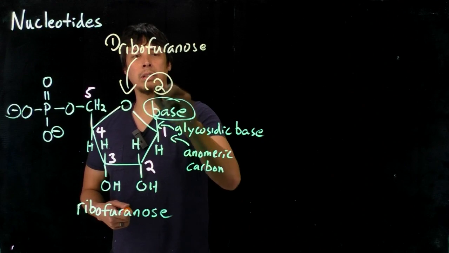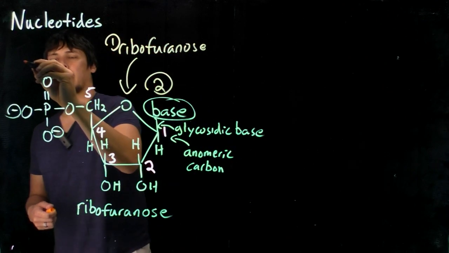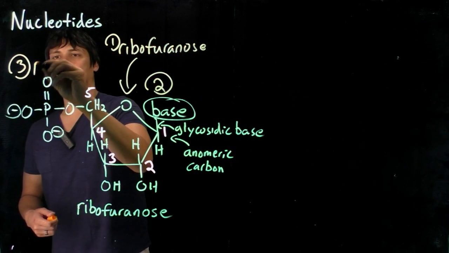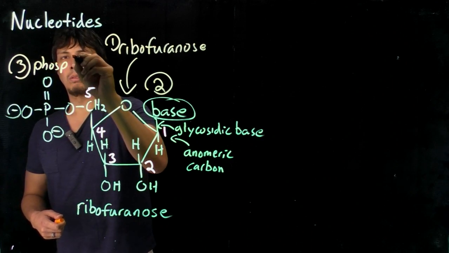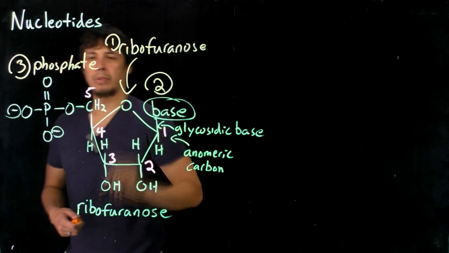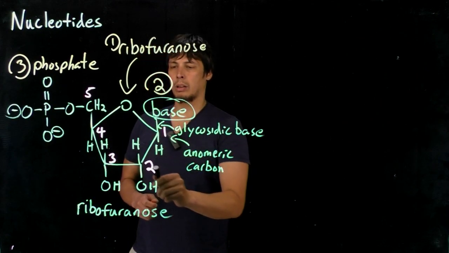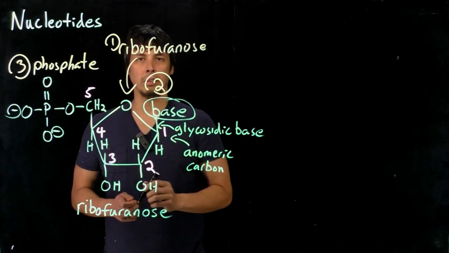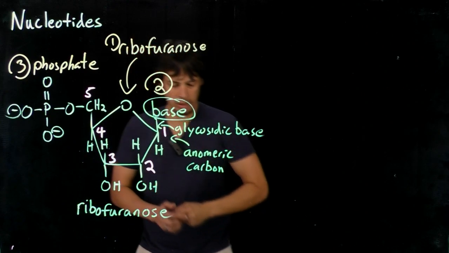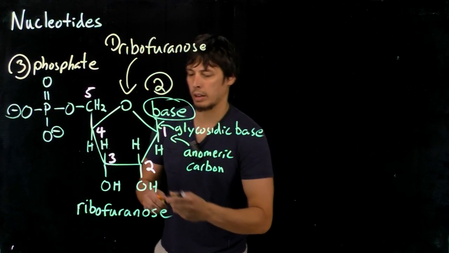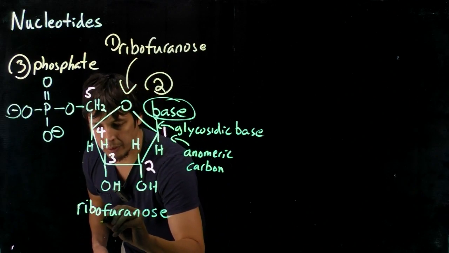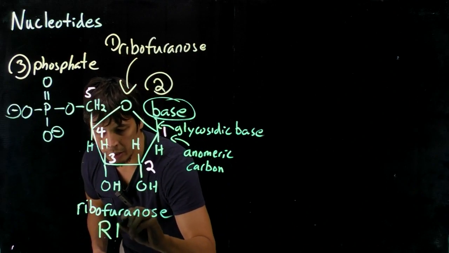Two, we have the base here. And three, we have the phosphate. The base is attached to the 1 carbon, and the phosphate is attached to the 5 carbon. Again, this would be the monomer for RNA.